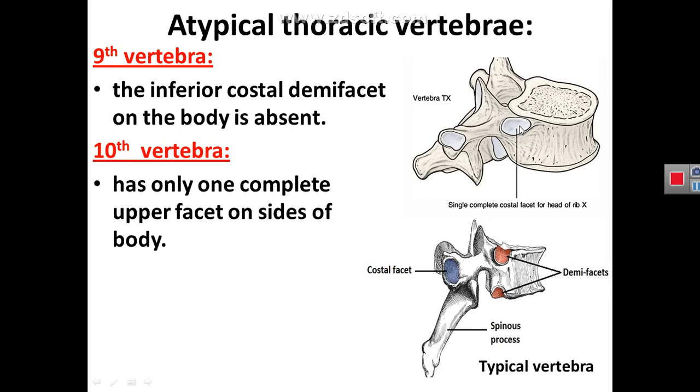Similarly, the atypical T9 vertebra has only an upper facet, but it is a demifacet. So if a vertebra has an upper facet and no lower facet, and you don't know whether it is a 9 or 10, you have to look at the upper facet. If it is a complete facet, this is a T10 vertebra. But if it is an upper demifacet, this is a T9. Both T9 and T10 have no lower demifacet.